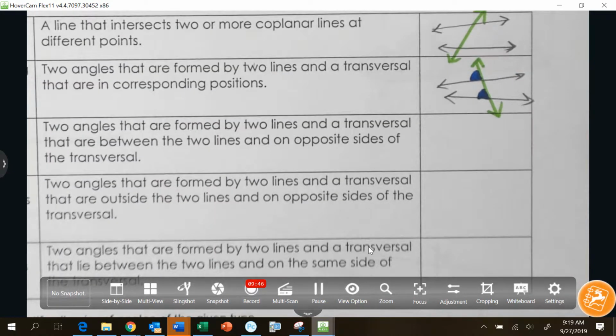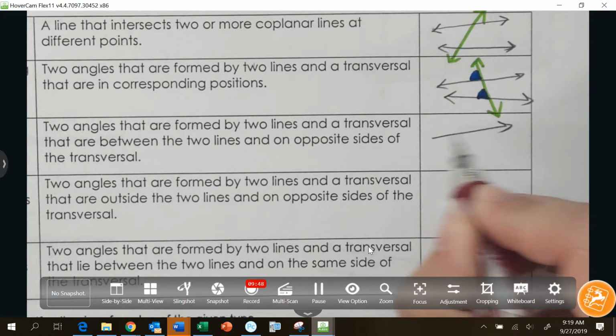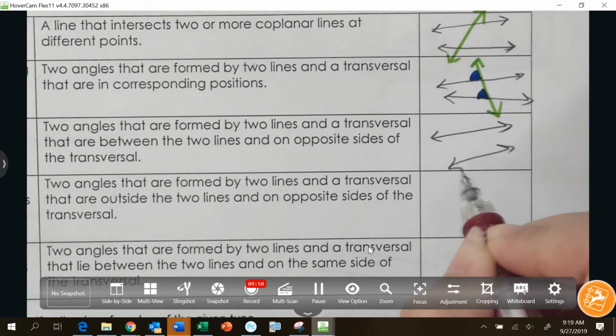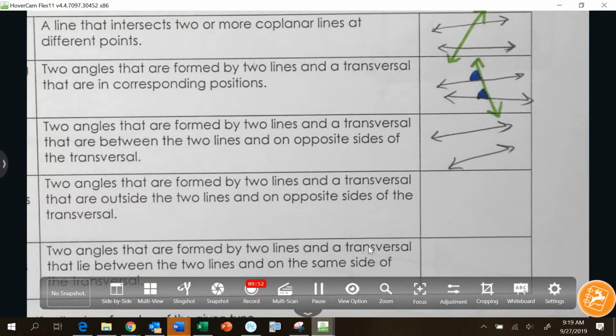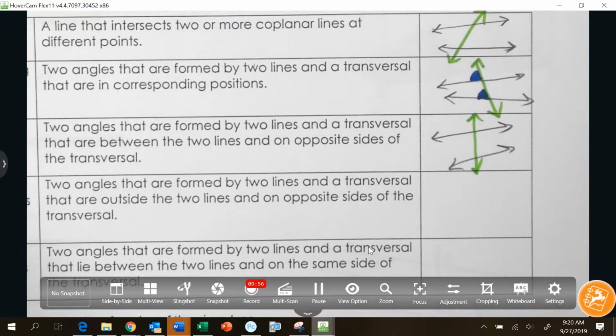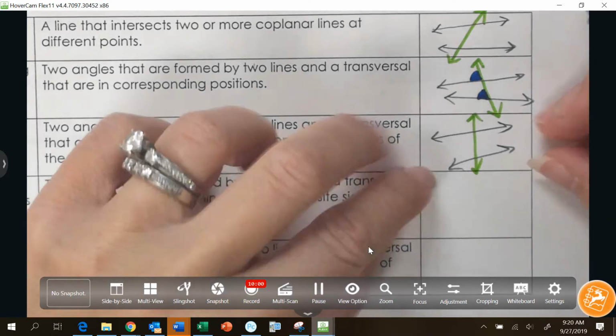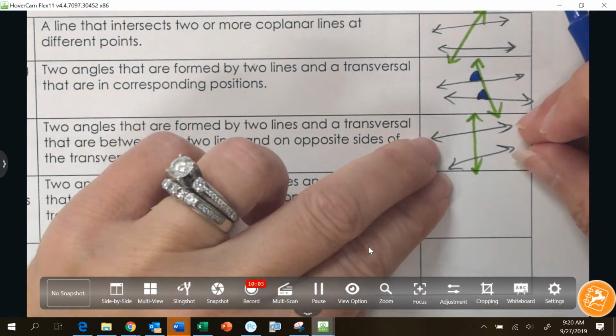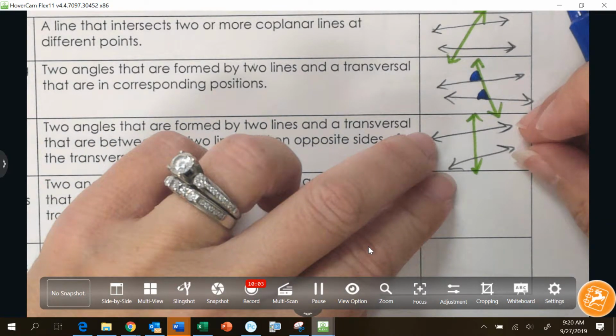Alternate interior angles. So we're going to start with 2 lines and a transversal. Alternate interior. So interior means we're going to be between the 2 lines. Interior is on the inside.